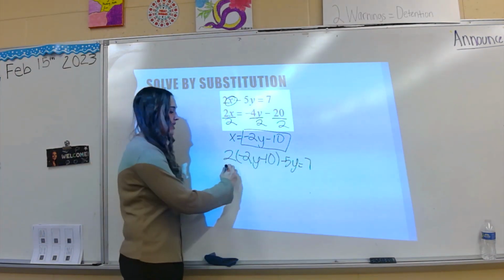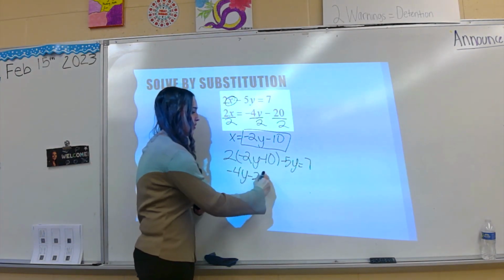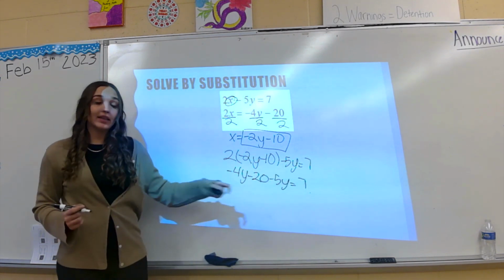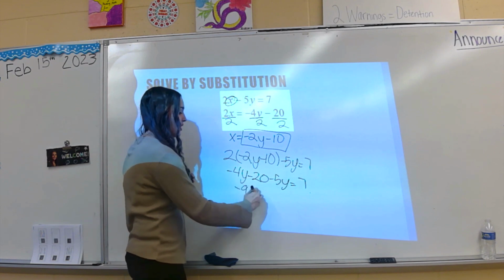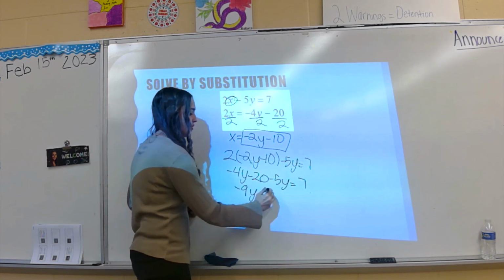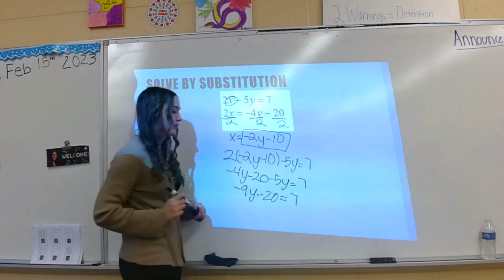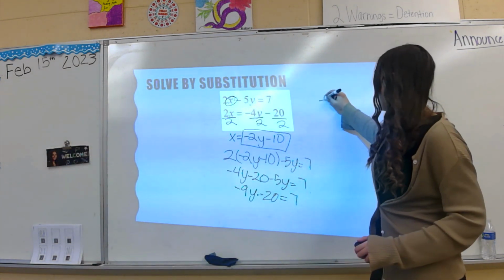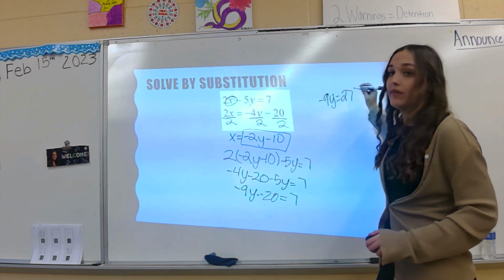Then I distribute. I get negative 4y minus 20 minus 5y equals 7. Combine my like terms. I get negative 9y minus 20 equals 7. I'm going to add 20 to both sides, and I get negative 9y equals 27.